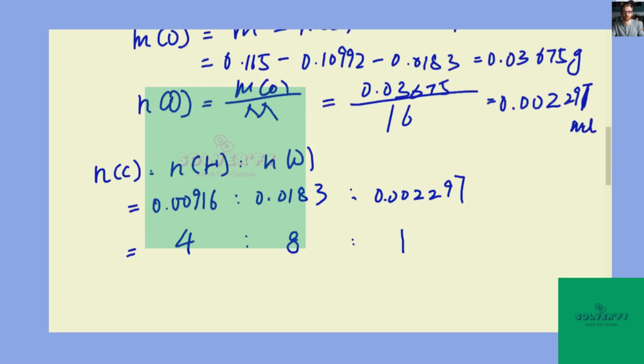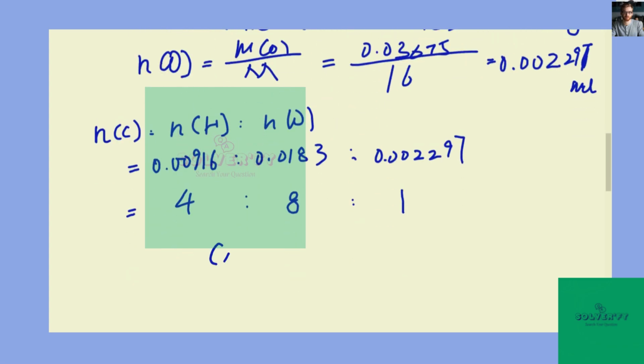So this is the formula. So it becomes C4H8O. And then it says the molar mass is 144 grams per mole.